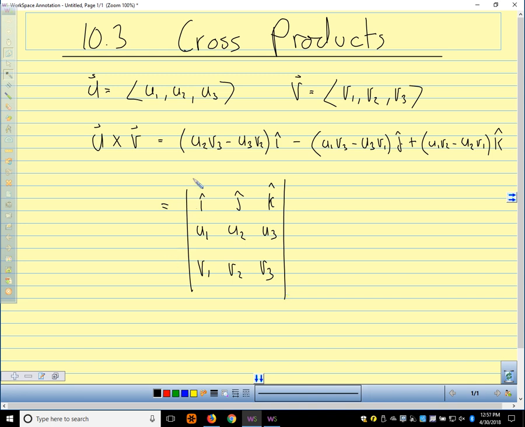And remember, to do the determinant, we do i hat times, and we cross out that column and that row, u2 v3 minus u3 v2. And remember, our signs went plus, minus, plus. So we have a minus j hat, u1 times v3 minus u3 times v1, plus k hat, cross out that column and that row, u1 v2 minus u2 v1.